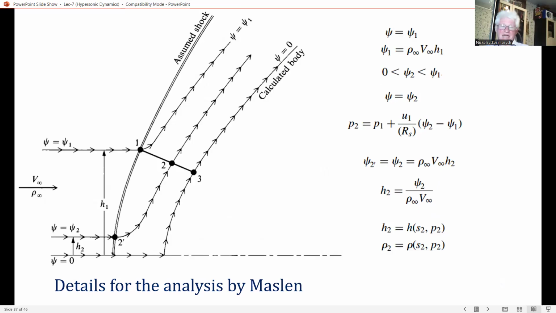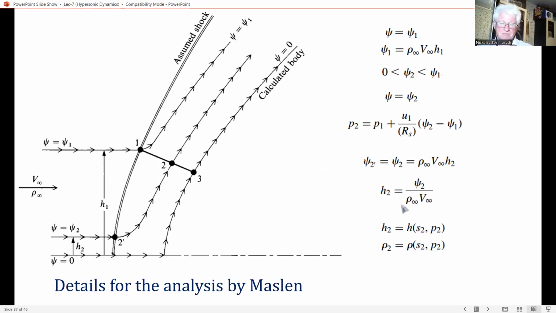And finally, the entropy at point 2, S2, is known because the streamline at point 2, corresponding to psi equal psi2, has come through that point on the shock wave. We can see this from our expression here: psi2 prime, or simply psi2, is proportional to rho infinity V infinity times h. Or we may find h2 from this.